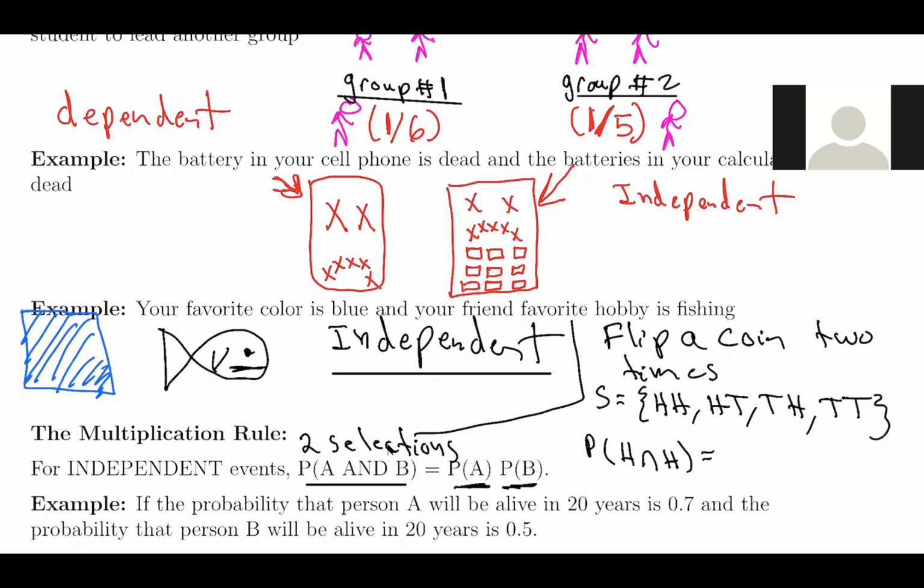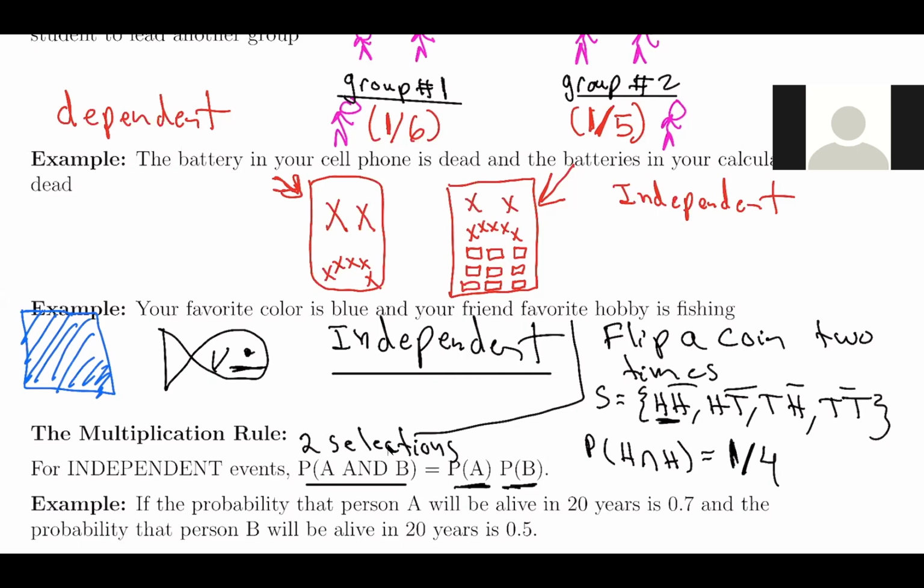Well, if you look at the sample space, how many of those give me heads, heads? Oh, 1/4, because there's only one out of the 4. So you put 1 out of 4.